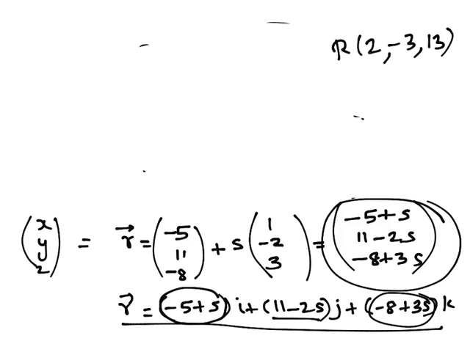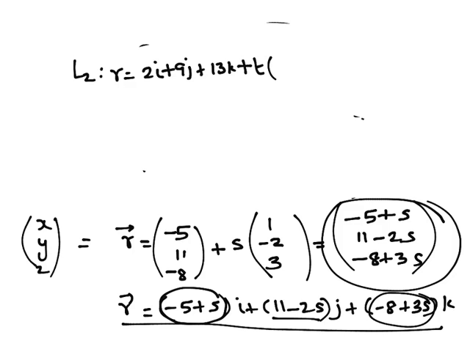So the line L2 has the equation R equals 2I plus 9J plus 13K plus T times I plus 2J plus 3K.